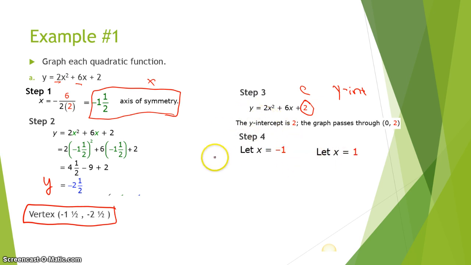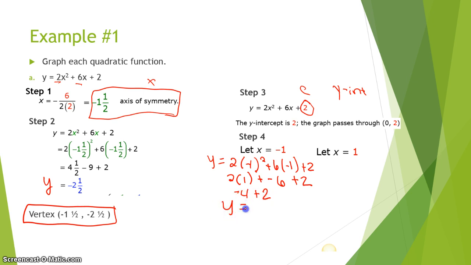So when I solve this, I can do y equals 2 times -1 squared plus 6 times -1 plus 2. -1 squared gives me 1, so 2 times 1 plus -6 plus 2. 2 plus -6 gives me -4 plus 2, so my y is going to be -2.